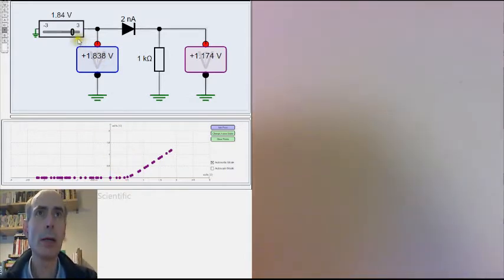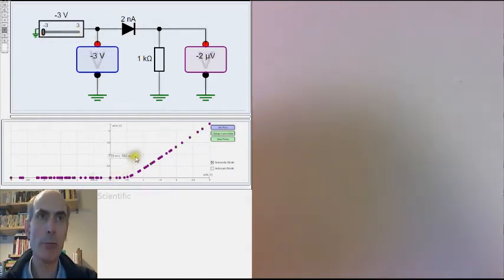We would ideally like an output versus input characteristic to start at the origin and head up at 45 degrees from the origin. This one isn't. It's lagging behind what we would like, and that's because of the forward voltage drop across the diode.